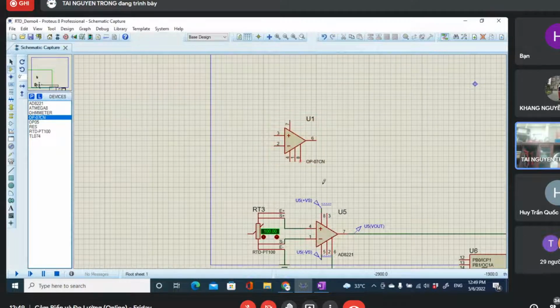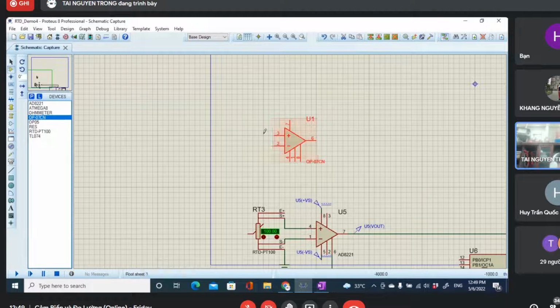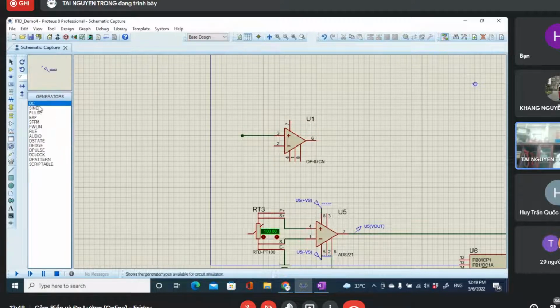Here is the op amp, and this will be the reference voltage, and I can apply a DC source here.